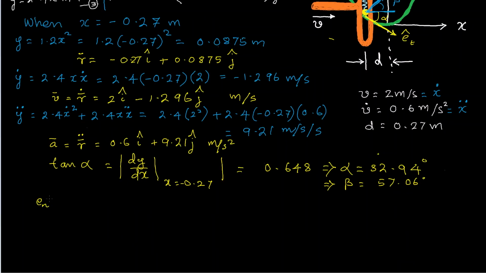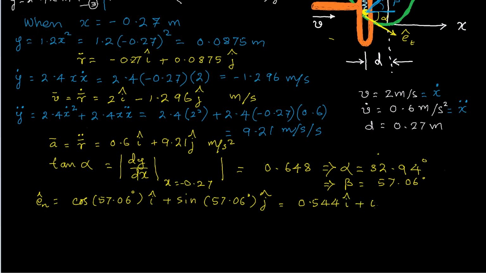So en is nothing but cosine of 57.06 degrees i plus sine of 57.06 degrees j. So that's equal to 0.544i plus 0.839j.